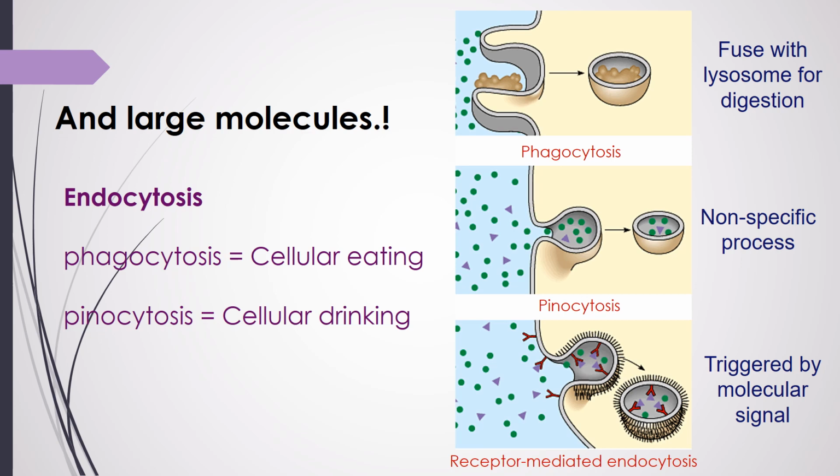And pinocytosis is actually a non-specific process, and sometimes it is receptor-mediated endocytosis, triggered by a molecular signal. And endocytosis, as we know, is for taking things in from outside the cell.